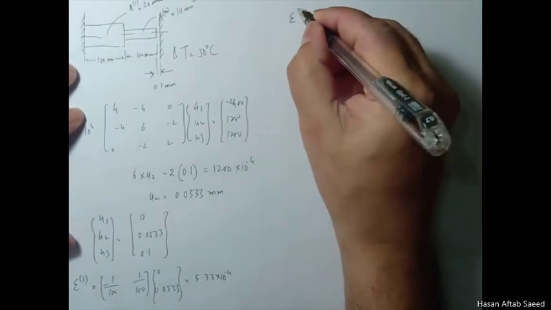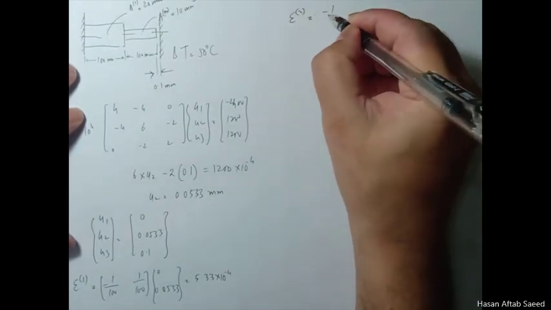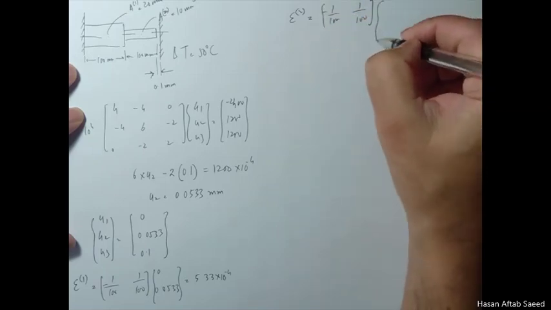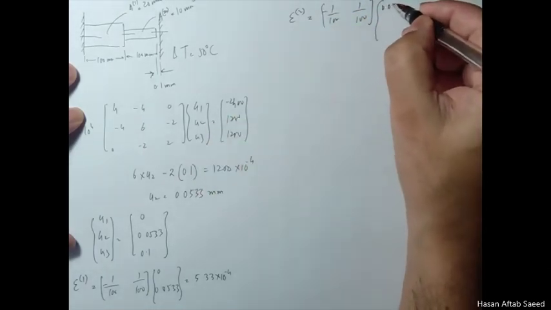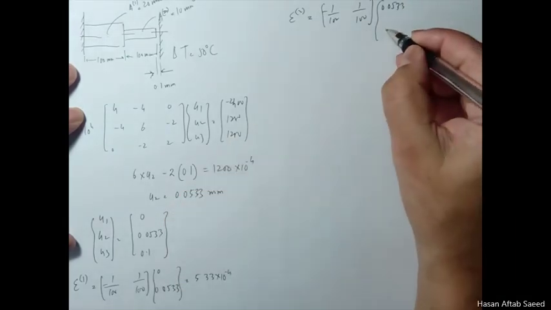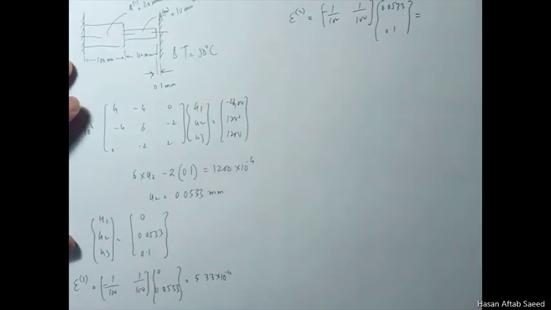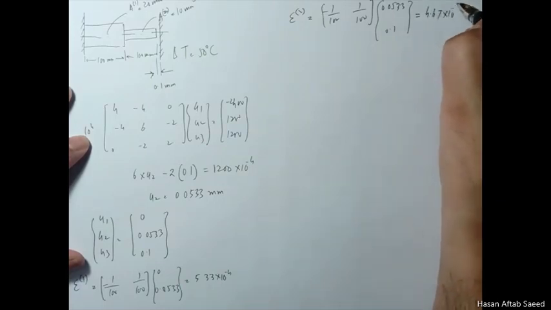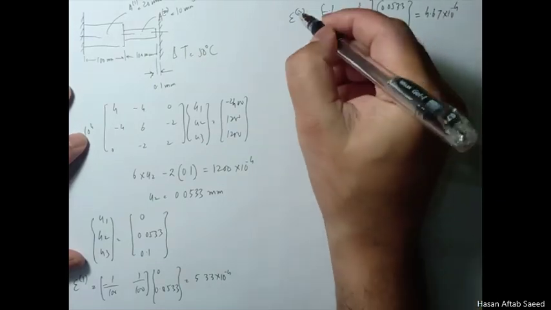Similarly, epsilon 2, minus 100, 1 over 100. This is the B matrix. I use the other values 0.0533 and 0.1. Now this should turn out to be 4.67 into 10 raised to the power minus 4.